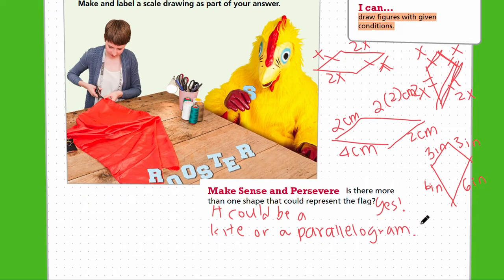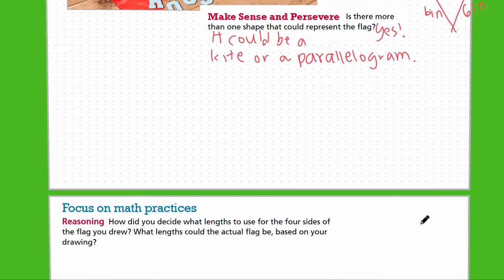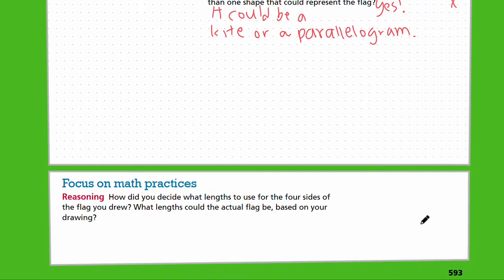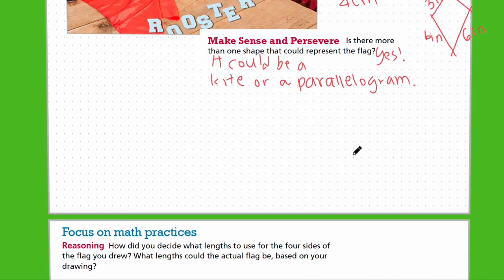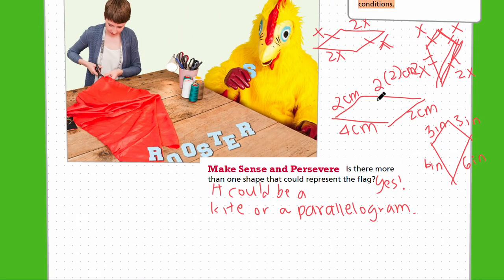Okay, let's focus on math practices. How did you decide what lengths to use for the 4 sides of the flag you drew? What lengths could the actual flag be based on your drawing? So, how did you decide what lengths to use for the 4 sides of the flag you drew? Would you just find out the positive number, right?